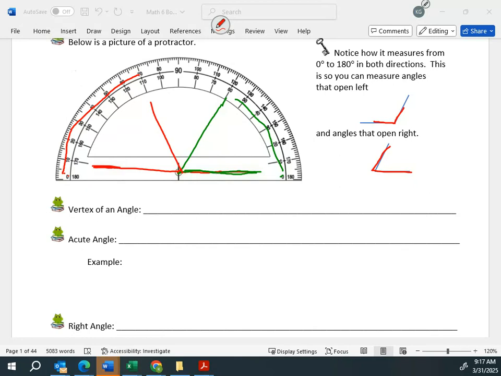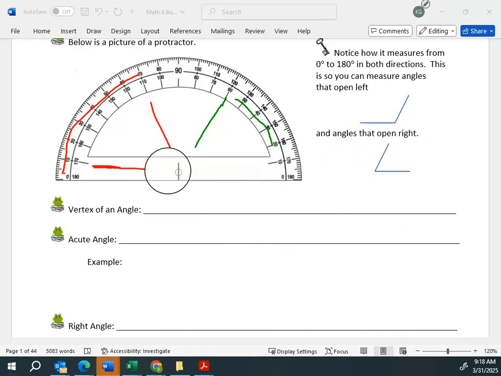So that's your quick way to double check, did I use the right set of numbers? If it's an acute angle and you got 120 degrees for it, you know you used the wrong set of numbers. Go back and use the other set. Okay, so acute angles, they're little, they look less than 90 degrees. Double check to make sure that what you're writing down is less than 90 degrees.